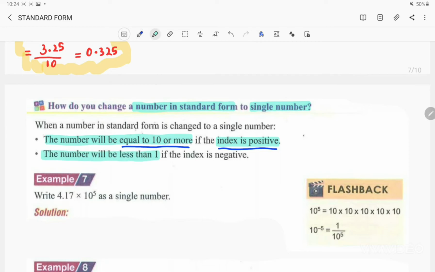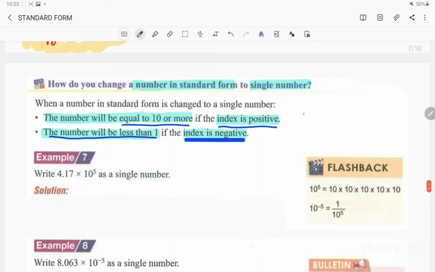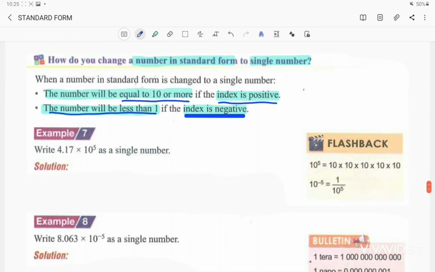When a number in standard form is changed to single number, the number will be less than 1 if index negative. Means that kalau index dia negative, the number in single number yang awak dapat is less than 1. Okay, to further understand about this statement, look at example 7.